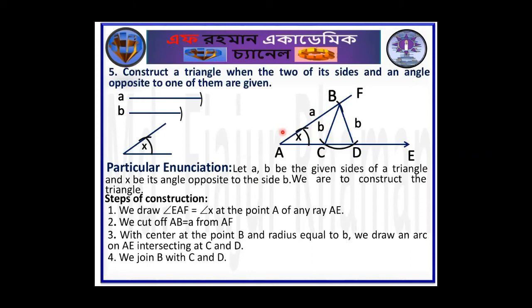Again, if you consider the triangle ABD, then a is one of its sides and b is another side opposite to the angle X. That's why ABD is another required triangle. That's why you should write, therefore, ABC or ABD is the required triangle.